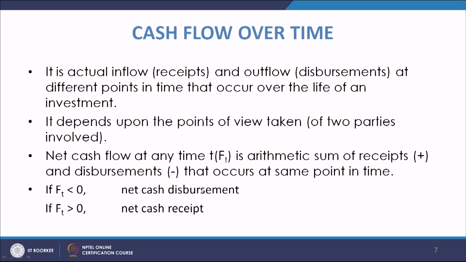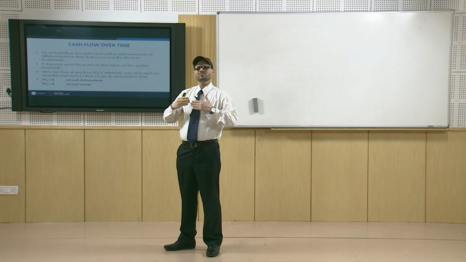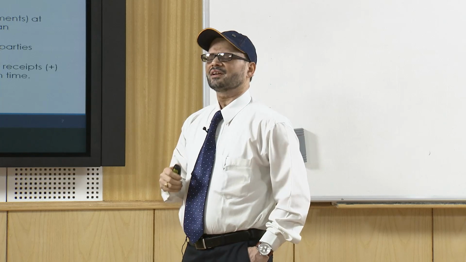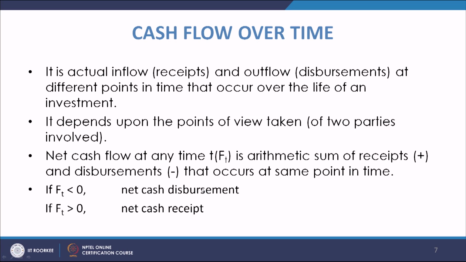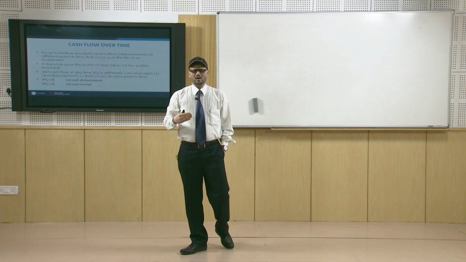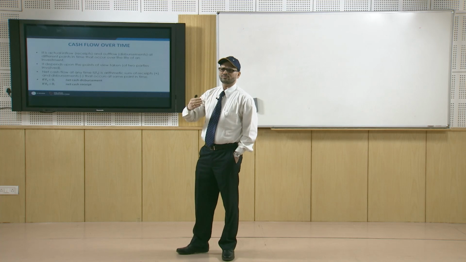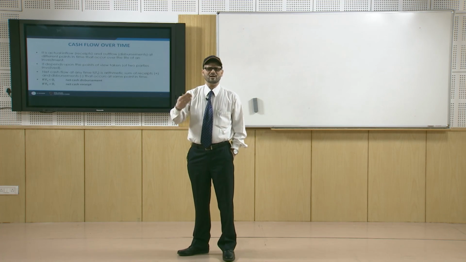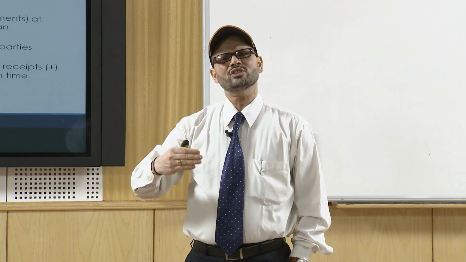So, we will discuss the cash flow diagrams. As the name indicates, there is flow of cash or monetary transactions, that is known as cash flow. It is the actual inflow or receipts and outflow, that is disbursements, at different points in time that occur over the life of an investment. So, for a particular investment, during the course of time sometimes money is coming in or sometimes the money is going out.